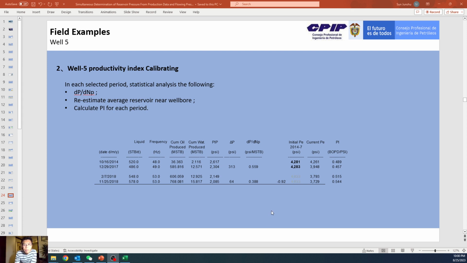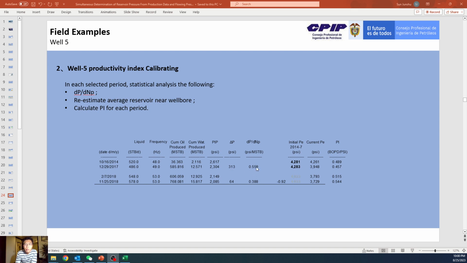So for the first period, we calculate the delta P of the intake pressure of these two dates. The PIP delta P is 313 psi.